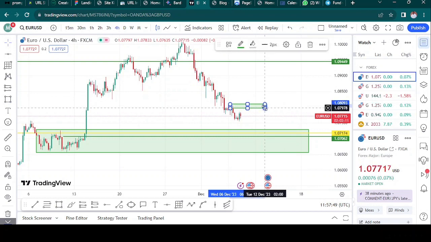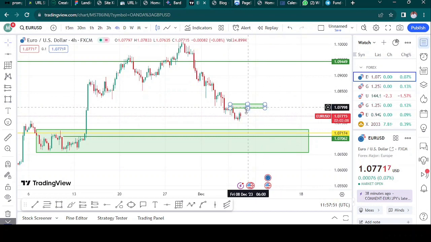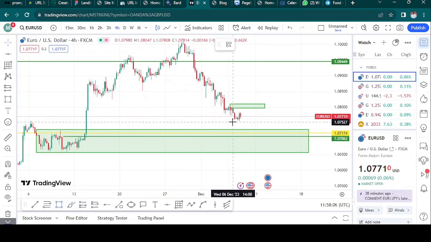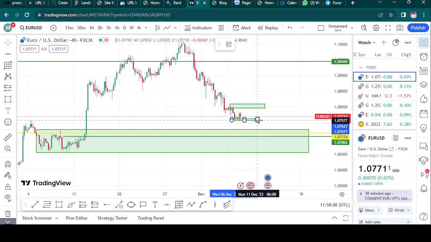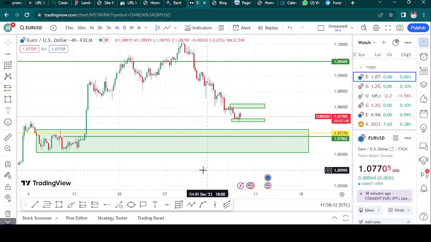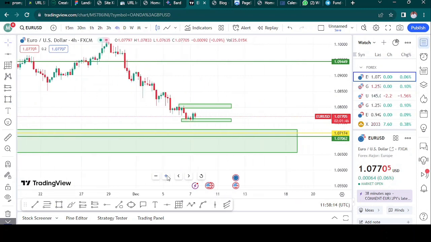If this level should break to the upside, then we can have a continuation to the upside without even coming down into this area at all. We can say we have a support level also, with that one bullish candle. So we are having a support level over there.